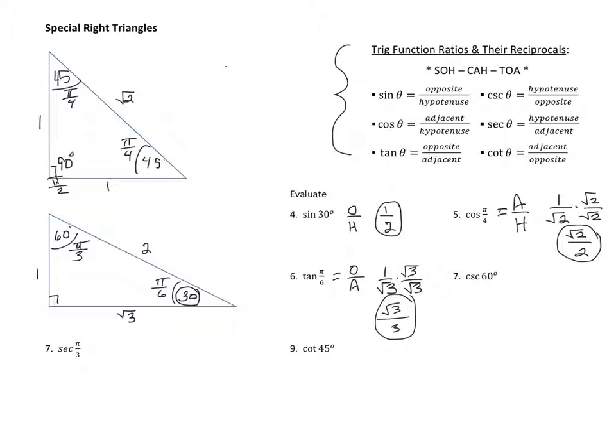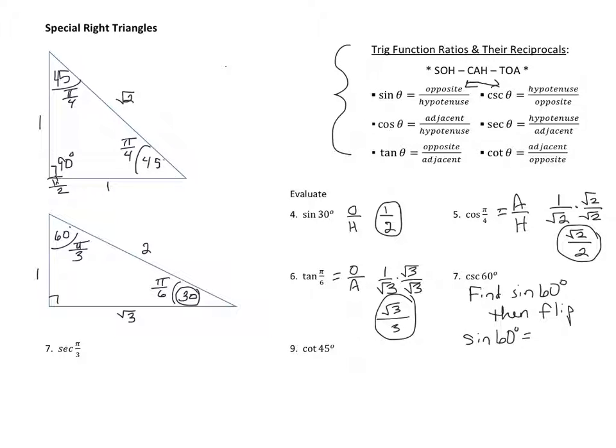Okay, let's look at number 7. Now we're getting to where we are talking about cosecant, cotangent, and secant. They're reciprocals of our sine, cosine, and tangent. So for number 7, for cosecant, we want to first find the reciprocal, and then we can flip it. So if you remember, if you look at the top, cosecant is the reciprocal of sine, right? They go together, so they're inverses of each other. So we're going to find the sine of 60 degrees, right? Then flip. So find sine first, and then we can just flip it to get cosecant. All right, so the sine of 60 degrees.